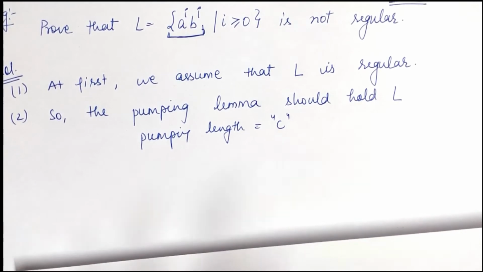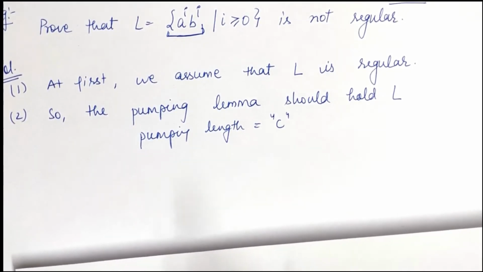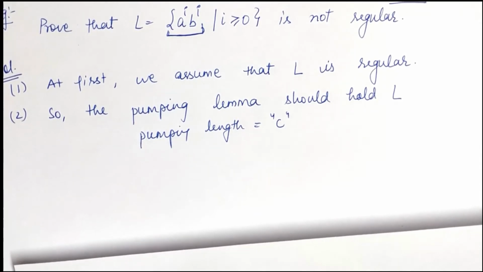So in the first step we assume that L is regular. If L is regular, then we can follow the pumping lemma. For that purpose, we have a pumping length C.